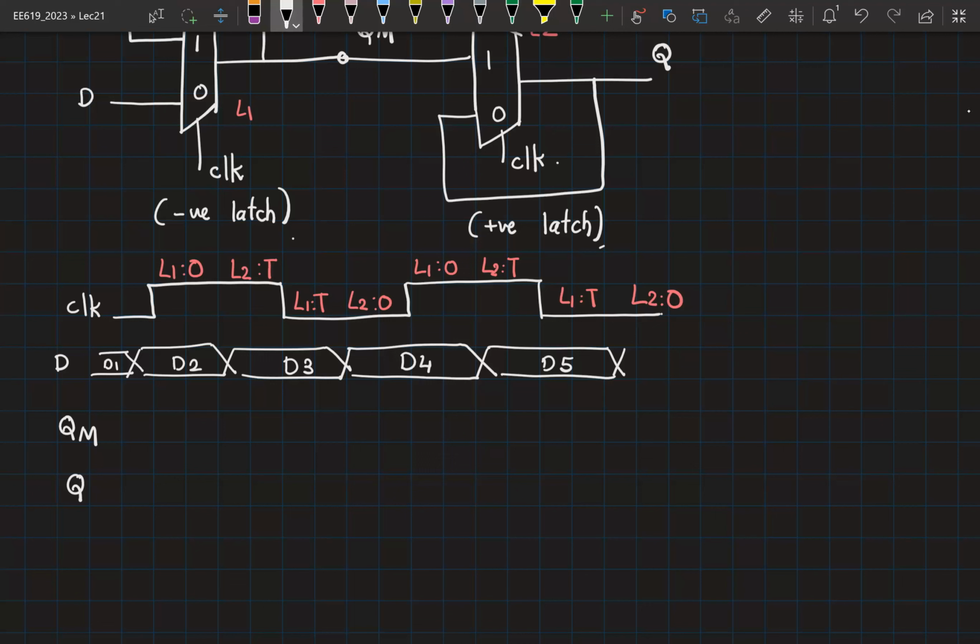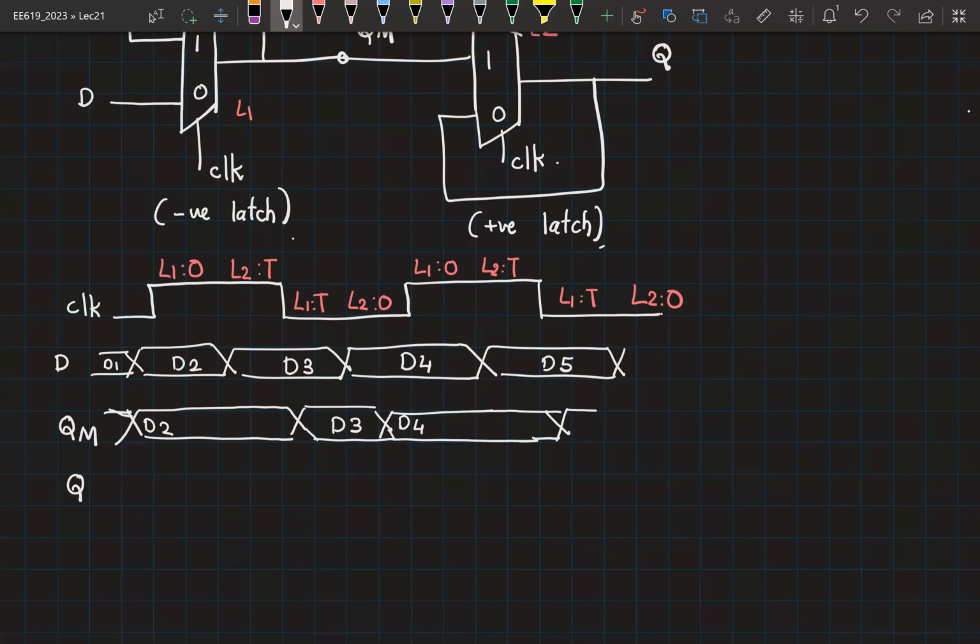So let's say that here the value settles to D2. Then it changes to D3 here. Changes to D4. And it changes to D5 corresponding to the clock edge. Now, of course, you can show the in-between transitions also to account for the propagation and the contamination delay.